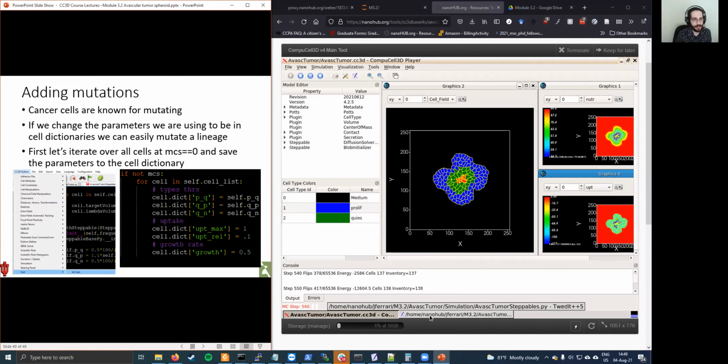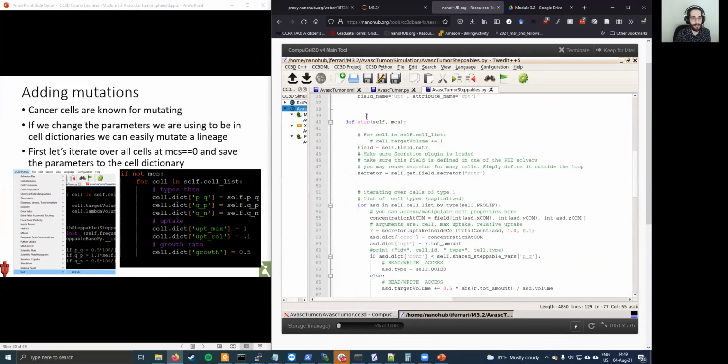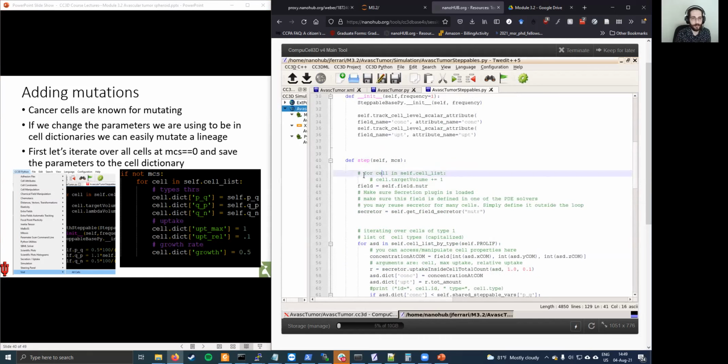So the first thing is, instead of having growth be this hard-coded number here, I'm going to come to the very start of the step function and re-enable this loop that I disabled way back at the start of the simulation.